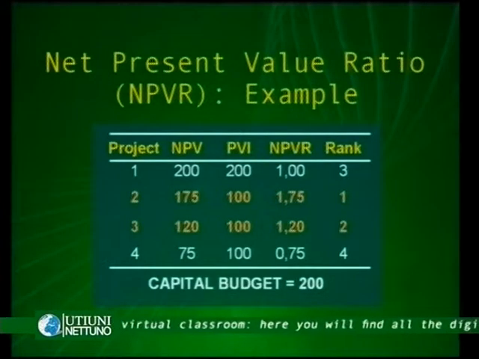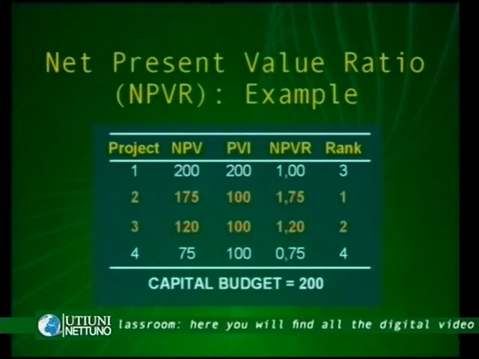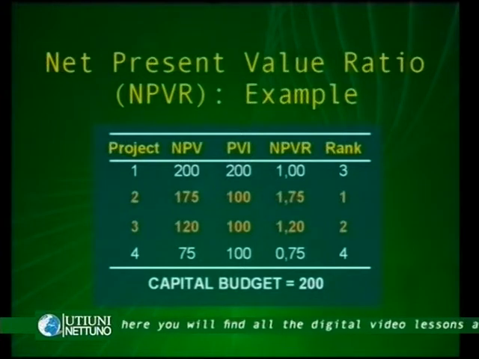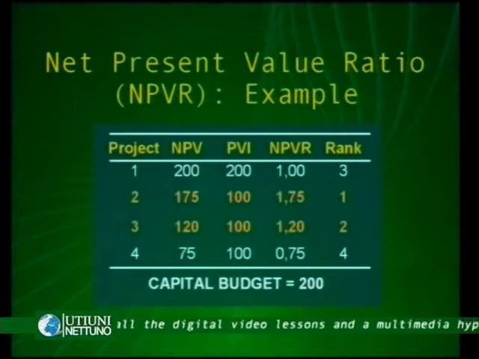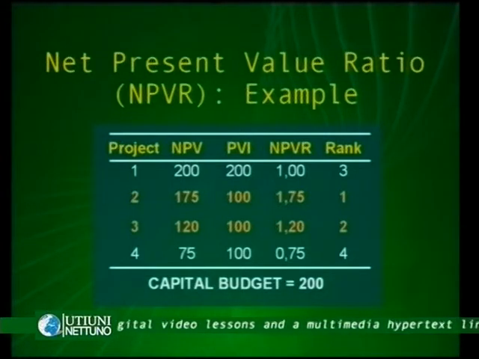In order to understand better what error we could make in the allocation of financial resources to projects in case of capital rationing when we use the NPV, we can look at this very simple example that allows us to understand the utility of using the net present value ratio in a situation when I have a capital constraint.